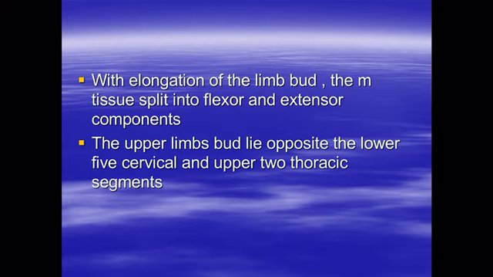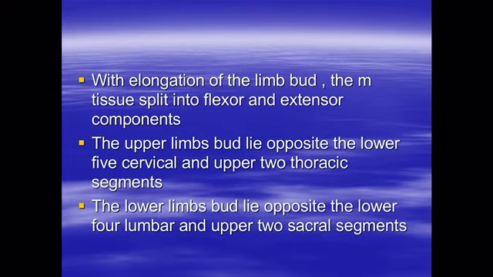The upper limb bud lies opposite the lower five cervical and the upper thoracic segments. The limb bud of the lower limb lies opposite the lower four lumbar and the upper two sacral regions.